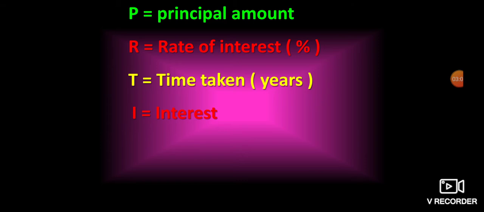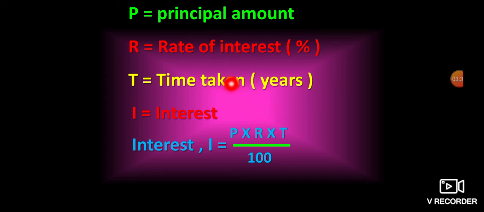Here we have one equation for finding interest. I equal to P into R into T by 100, where I means interest. P is the principal amount, that is borrowed money or invested money. R equal to rate of interest; every bank gives us one interest rate.